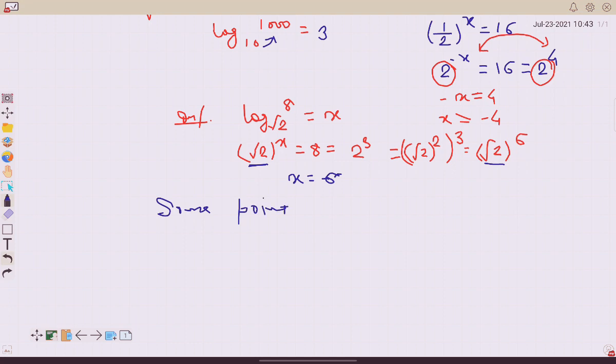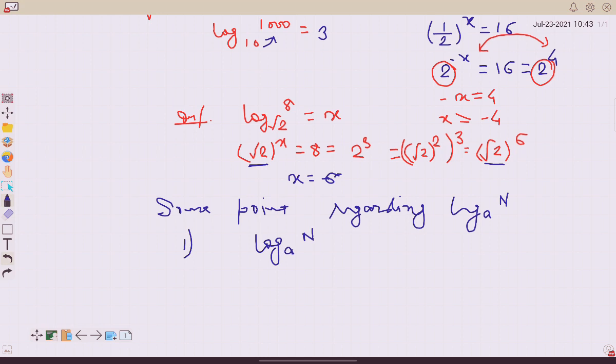Some points regarding log n base a. Our first condition: log n base a is written.